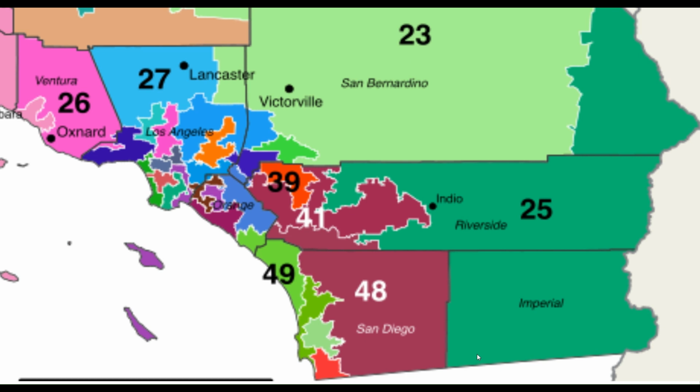Now, let's go down to Riverside County, which is part of the 25 district. Part of the 41 district is Riverside County. Part of the 48 district is Riverside County, which includes Temecula. 41 includes Menifee. And then 39, that is like 100% in Riverside County. That's like the city of Riverside and Corona and Norco.